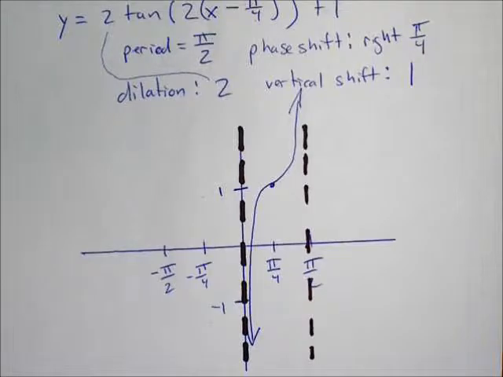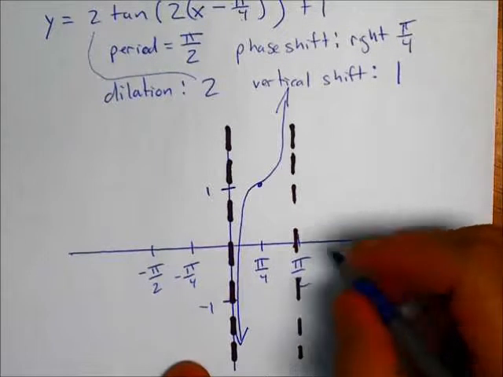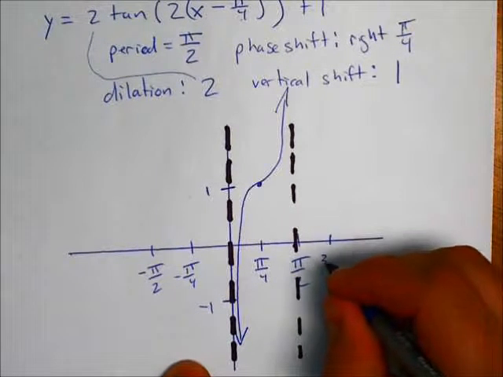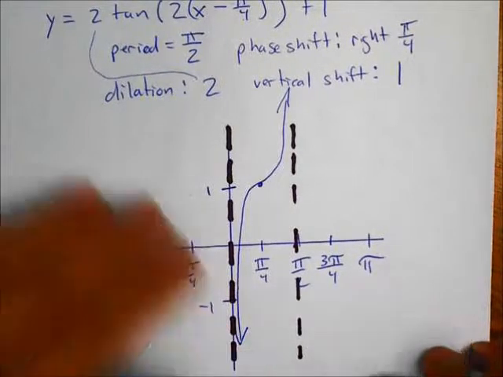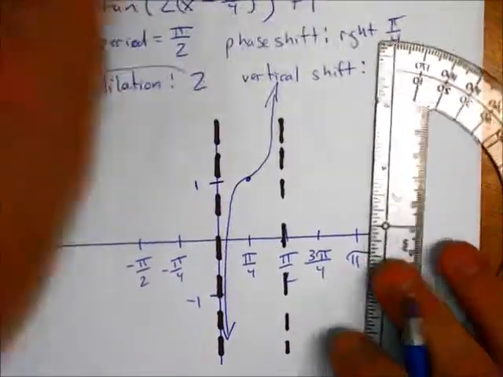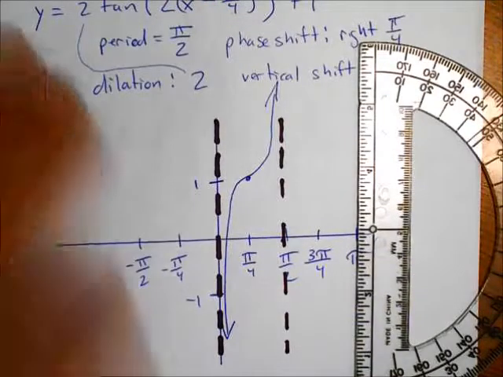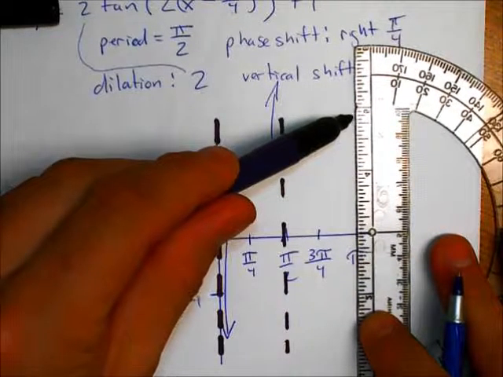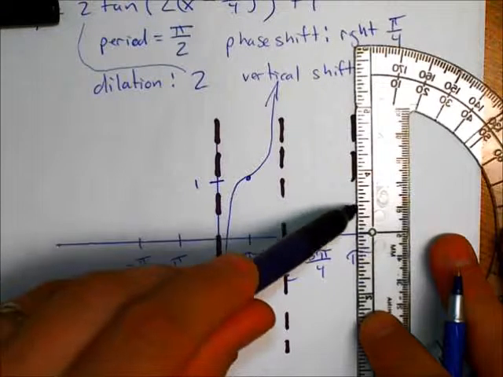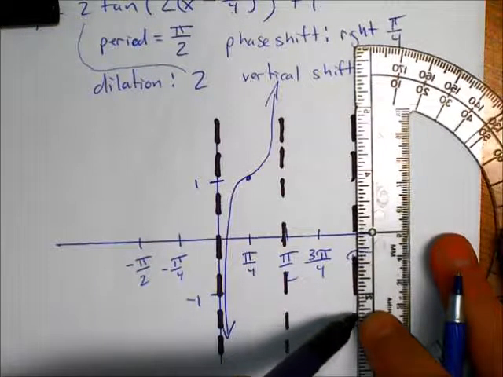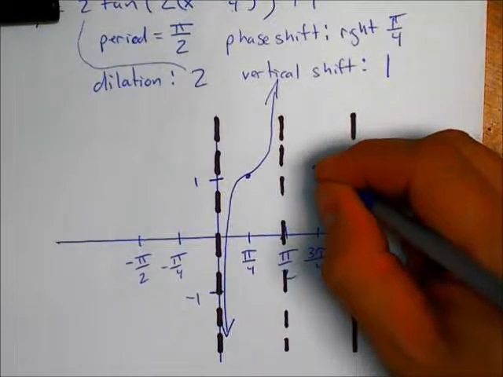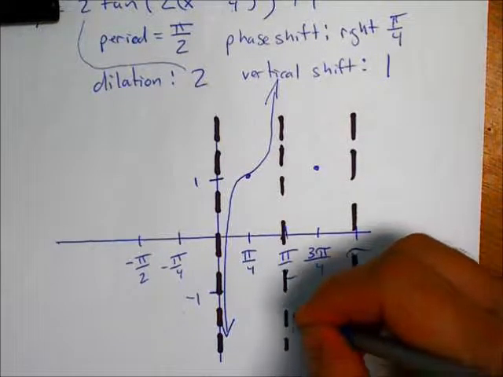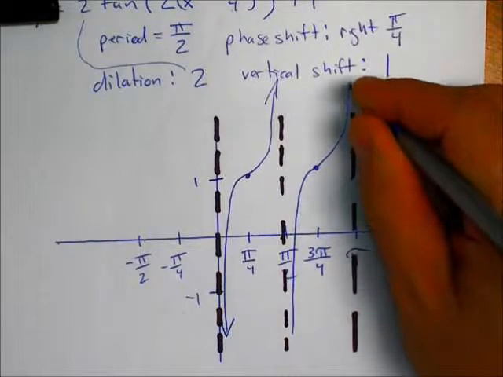You can now repeat this. This would be 3 pi over 4, and this would be pi. We've gone another period, so we need another asymptote. And it's going to be shifted up here, and I'm going to sketch my graph like this.